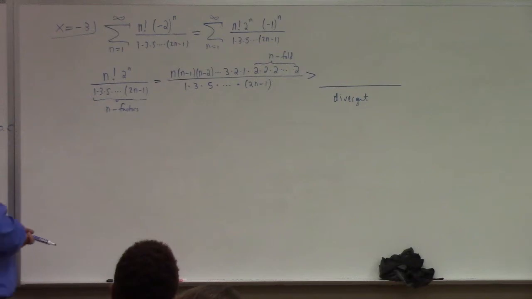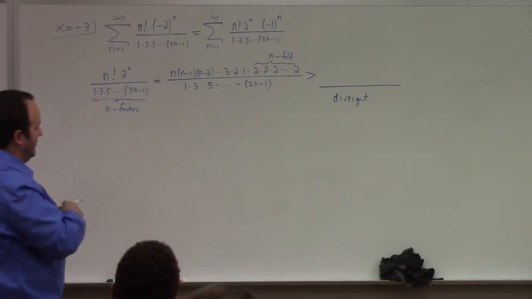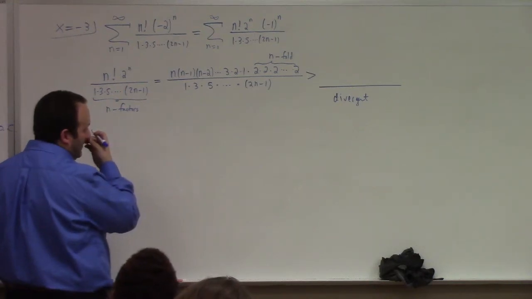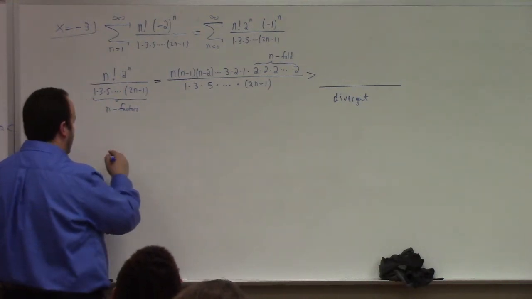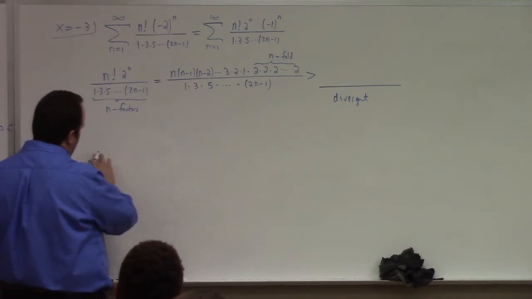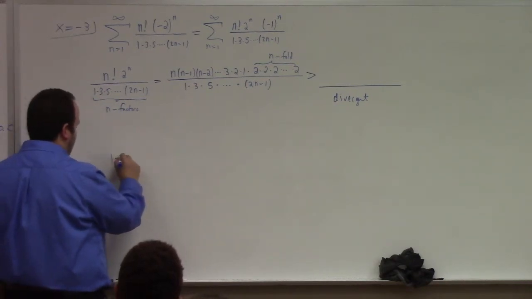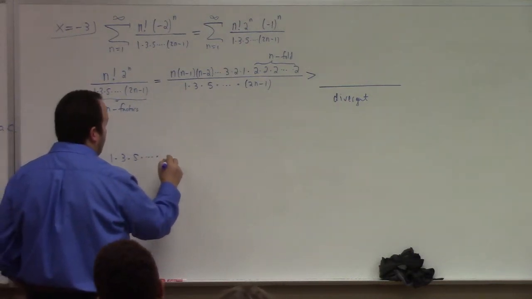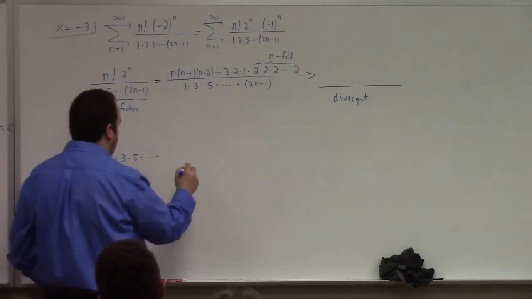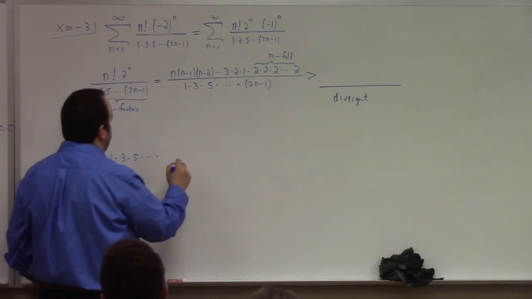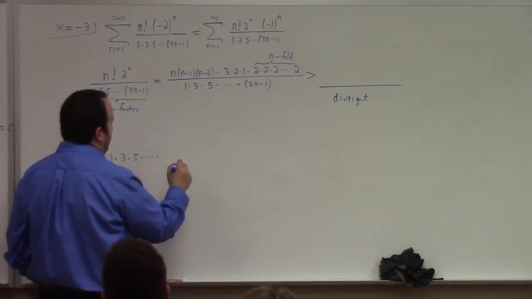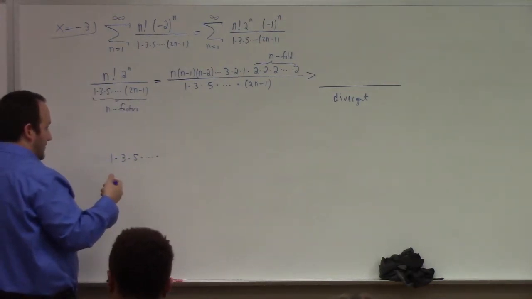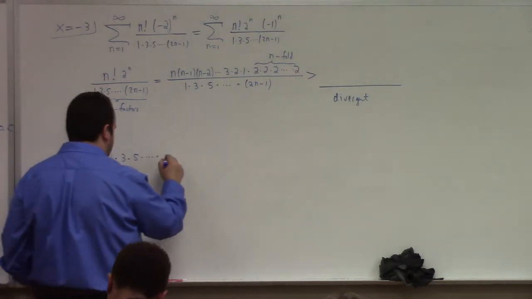I guess it might be productive to think about how we could look at that denominator as n factorial. Well, no, it's not n factorial, but 1 times 3 times 5 times... it depends whether n is even or odd, I suppose, but suppose n is odd for the sake of me not going nuts here, okay?